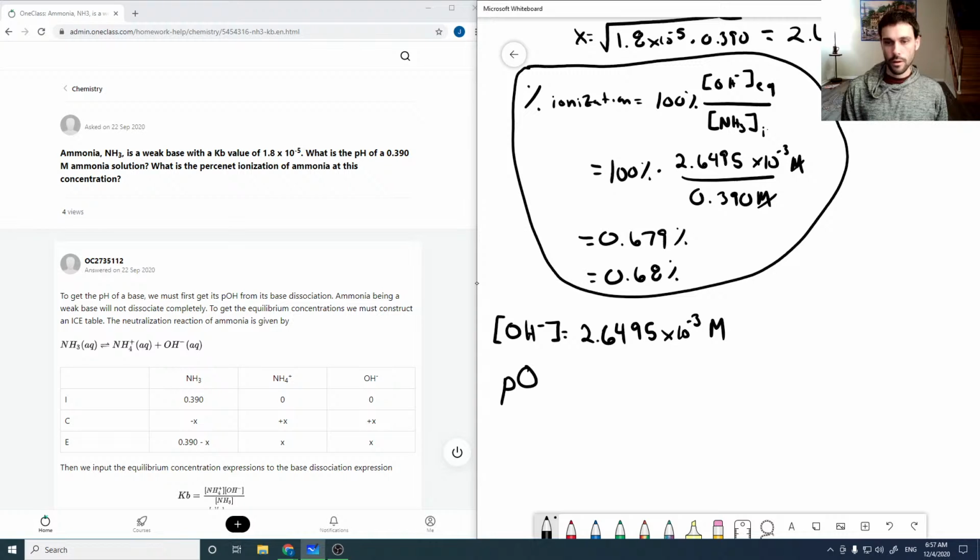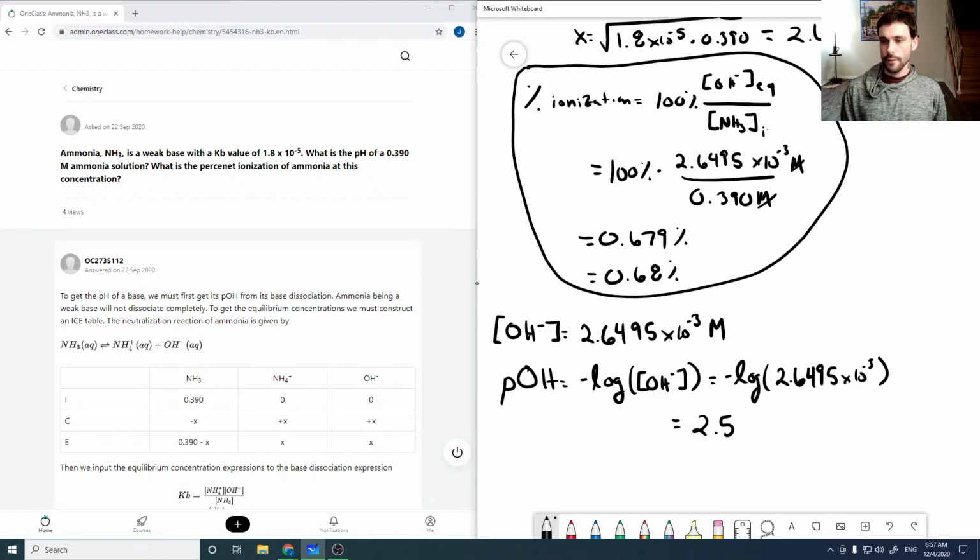So pOH is the negative logarithm of our OH minus concentration, which is the negative logarithm of this value, which is 2.577. And so our pH plus our pOH equals 14. And so our pH is 14 minus 2.577, which is 11.42.